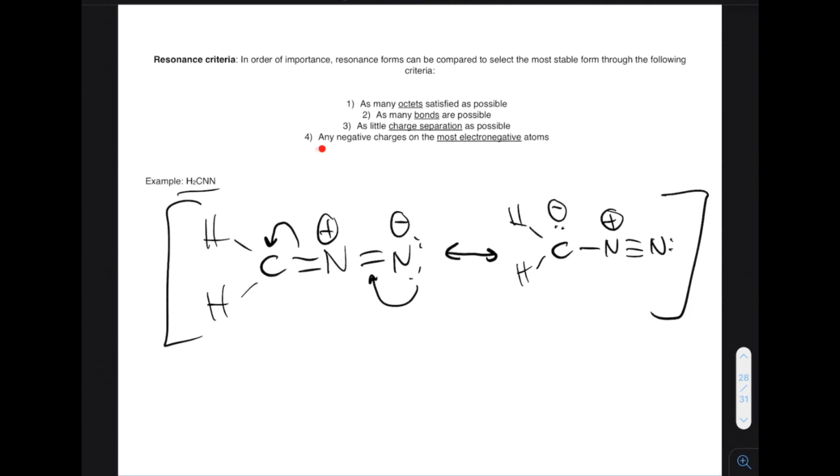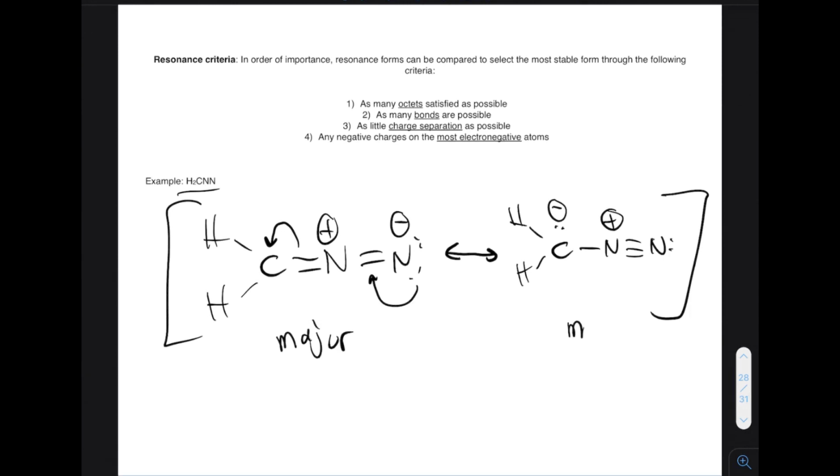So that means we have to look at this last one: any negative charge is on the most electronegative atom. Nitrogen is to the right of carbon on the periodic table. Remembering our periodic trends, the nitrogen is more stable with a negative charge than the carbon. So we know that the most stable resonance form has to be this one.